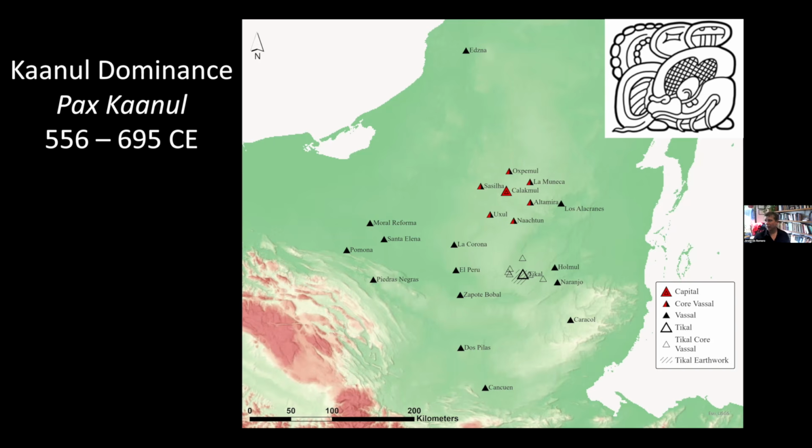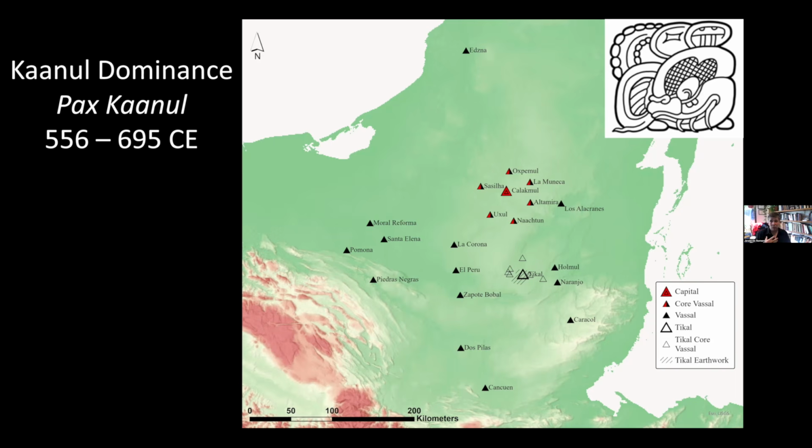So these are some of the areas where we have direct evidence of Kalakmul control. Again, this is not an exhaustive map. I made this a few years ago, it needs an update. So Kanul dominates, exerting direct control throughout much of the 7th century, where we have many kings recognizing their subordination.